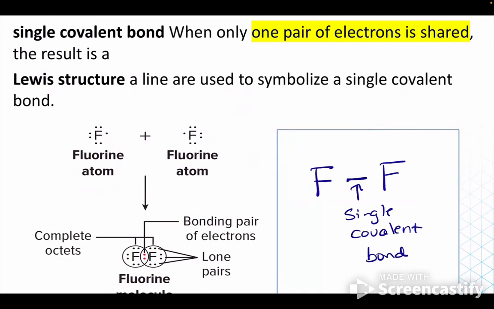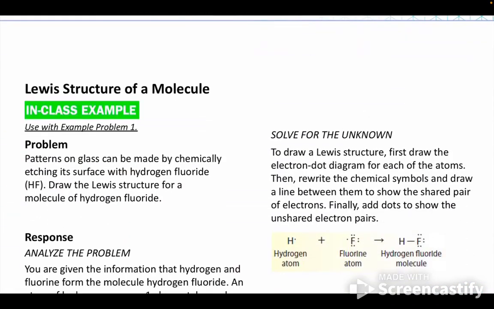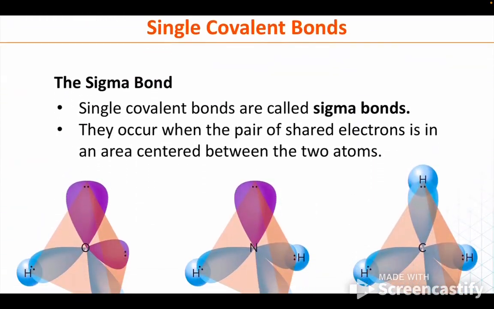And then the other non-bonding electrons are still there, but they're not part of the bond. So this is called a Lewis structure, and we're going to learn more about how to draw these in the next lesson. Sigma bond, we're not really going to spend too much time. I just want you to know that a single covalent bond is also called a sigma bond.